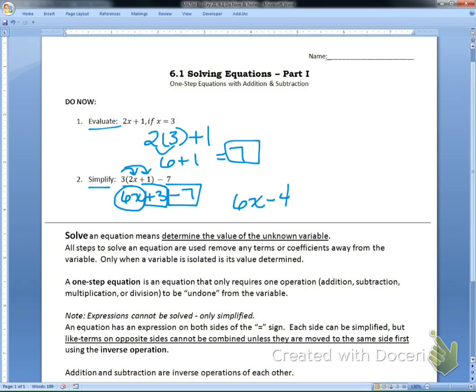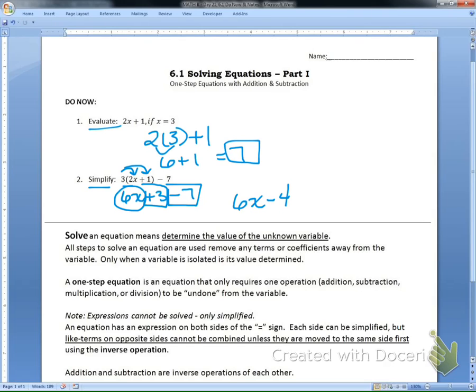Okay? So to solve an equation, all the steps to solve an equation are used to remove any terms or coefficients away from the variable. Only when the variable is isolated or all by itself is its value determined. So that's going to be your goal when you're solving equations, is to get your variable all by itself.